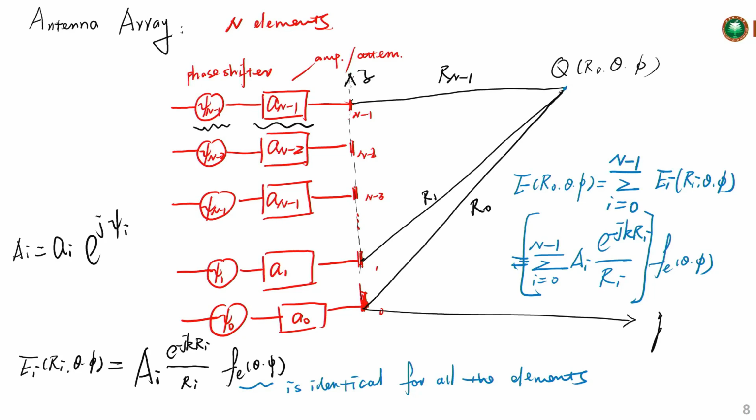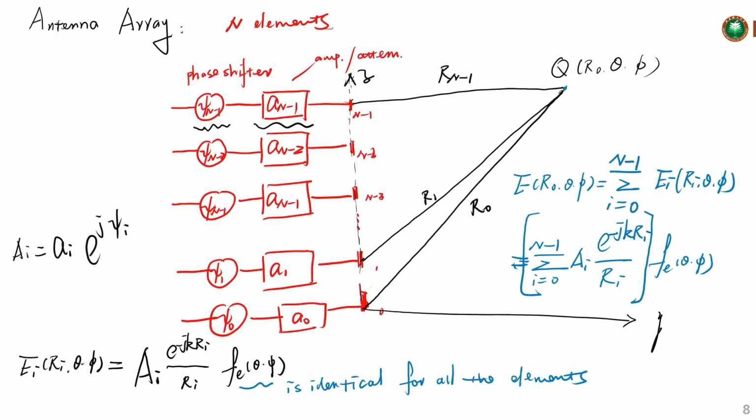Okay, now we get the expression here, and we want to further simplify it. So the first thing we want to do is get an expression for the electric field. So first, let's look at this point.